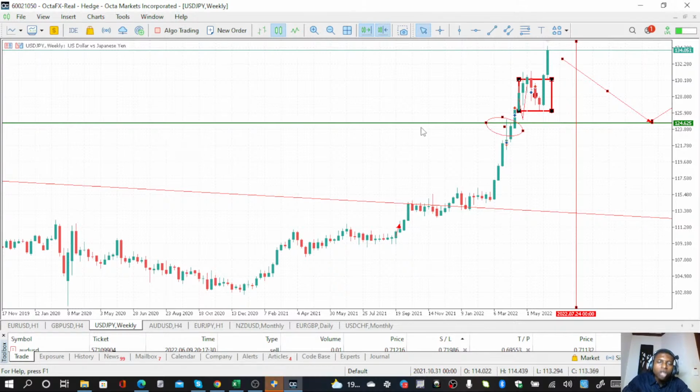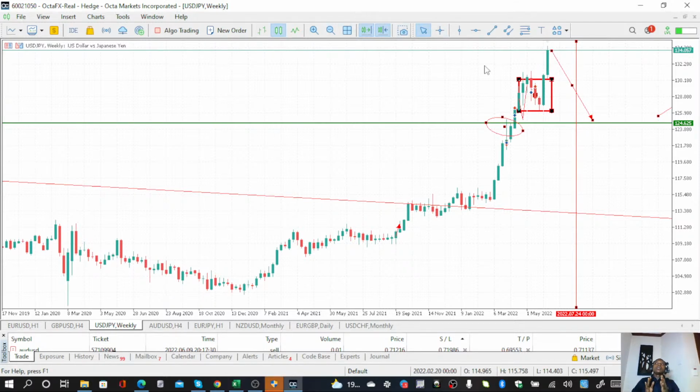What will happen? There will be a significant drawback down to this level. Either this level or this level, but however there will be a significant drawback from this higher height that it is right now.